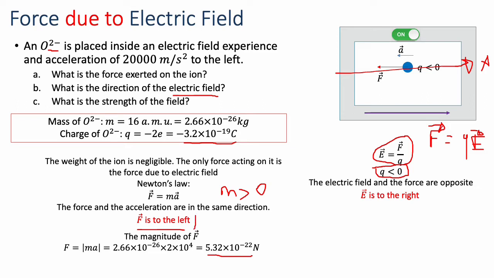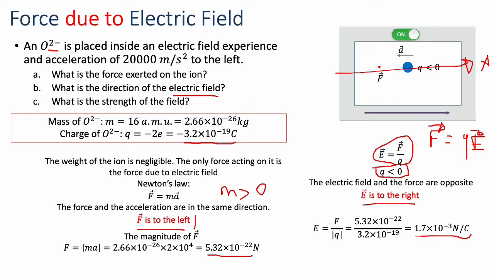So E has to be to the right. Now for the magnitude, I take the absolute value and do a magnitude equation, because again I have one vector. I can do that easily without projections. So I have 10 to the power minus 22 over 10 to the power minus 19. So that's 1.7 times 10 to the power minus 3.